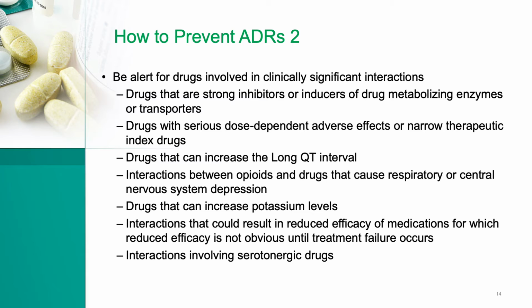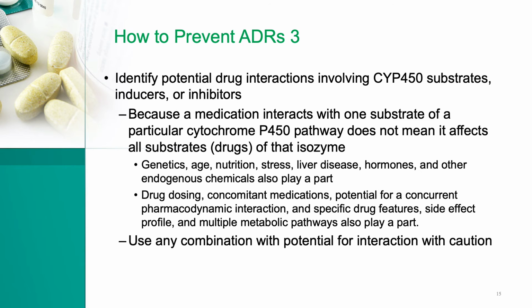Watch for drug interactions involving serotonergic drugs. When considering the clinical significance of a potential drug interaction mediated via metabolic pathways, keep in mind that just because a medication interacts with one substrate of a particular cytochrome P450 pathway does not mean it affects all substrates of that isozyme.